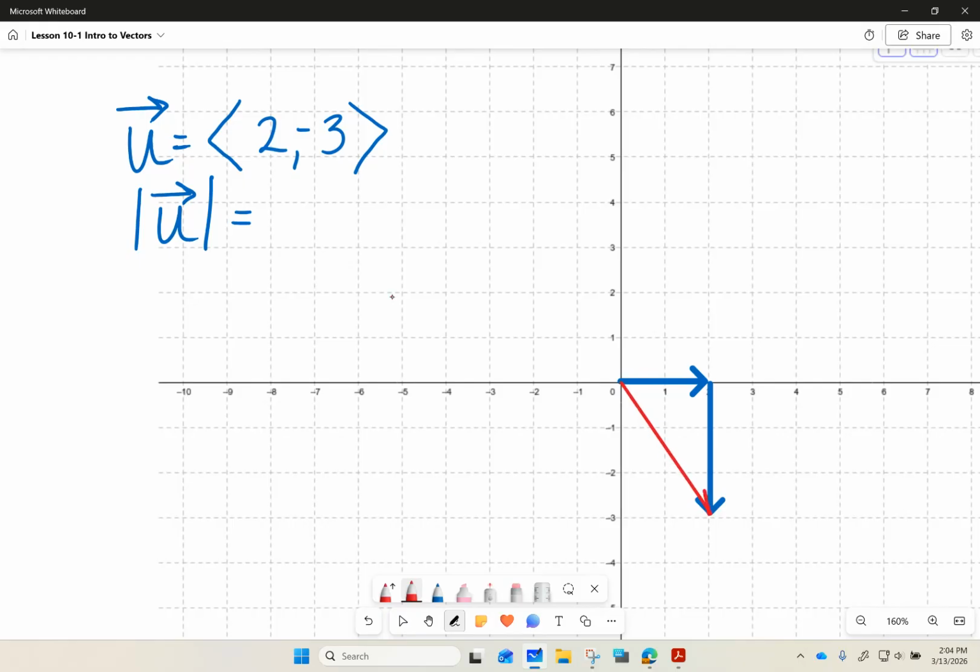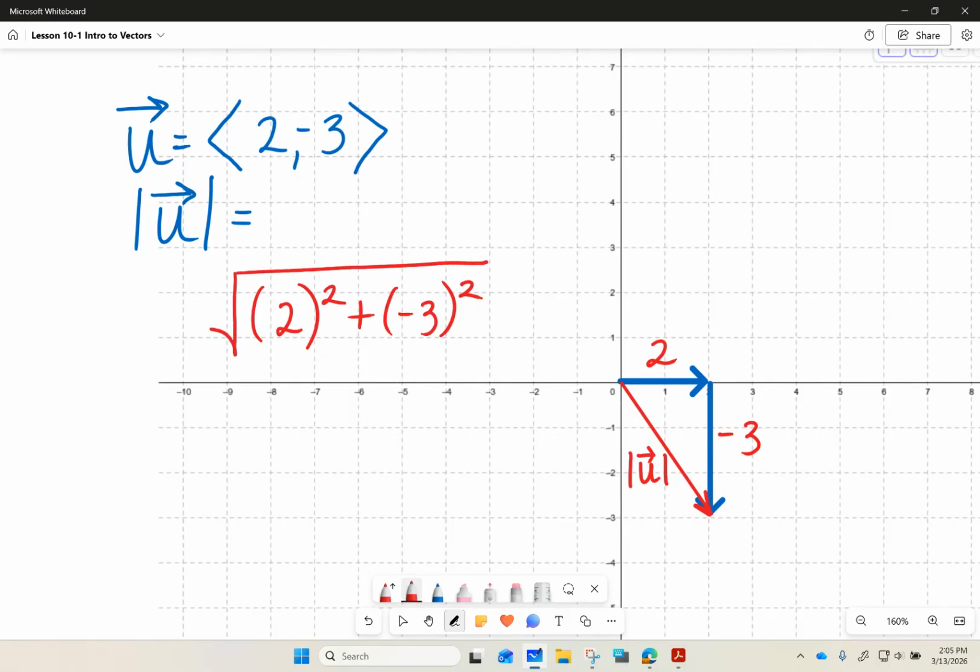They're asking you to find this length. How long is that vector? Okay, so I know this is a 2, I know this is a -3, and I know already from earlier discussion that all I'm doing is Pythagorean theorem and then square rooting it.